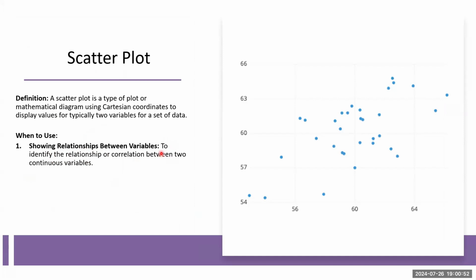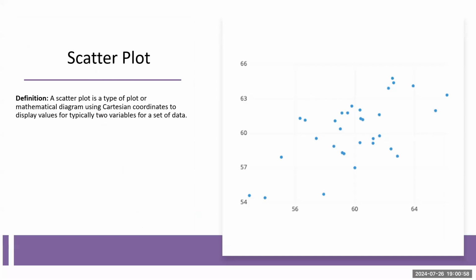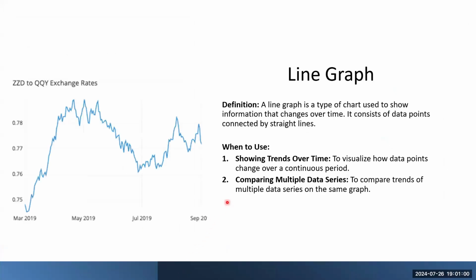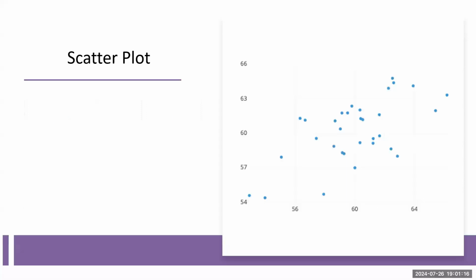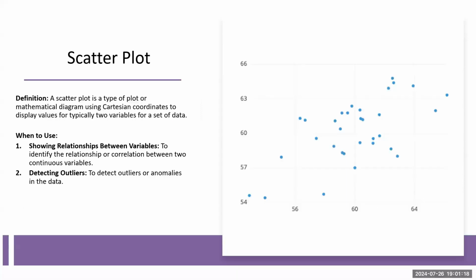So if you want to understand the relationship between temperature and rainfall, then we use a scatter plot. When do we use a line plot? When you are looking at trend analysis, showing trends over time. So when there's a time factor involved, we're looking at a line graph. When there's correlation or relationship involved, we are looking at scatter plots.